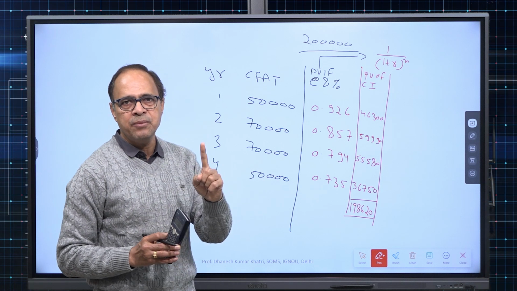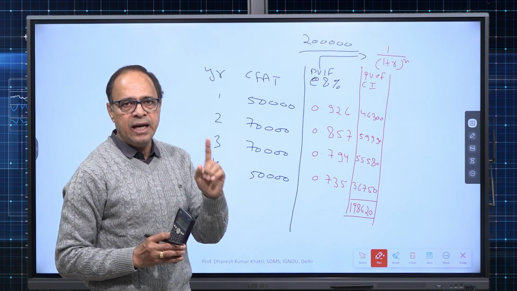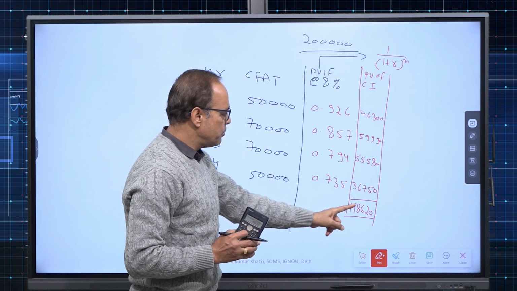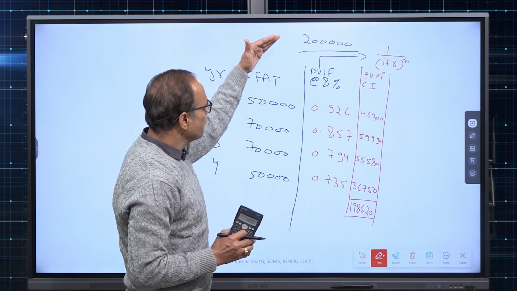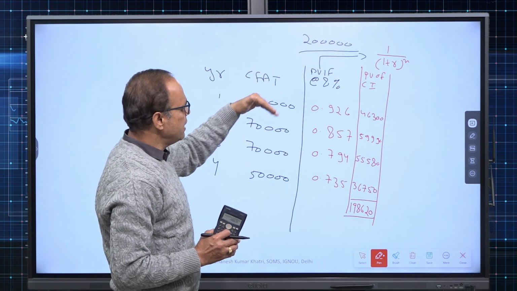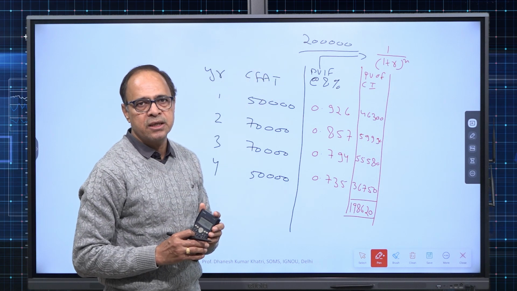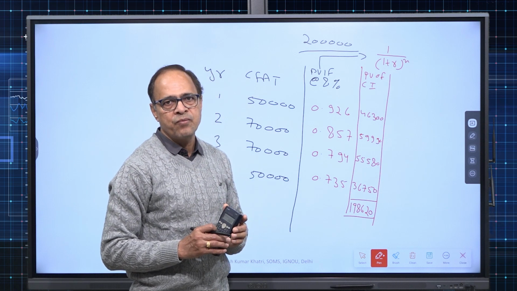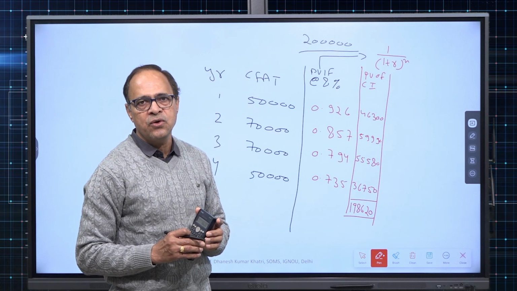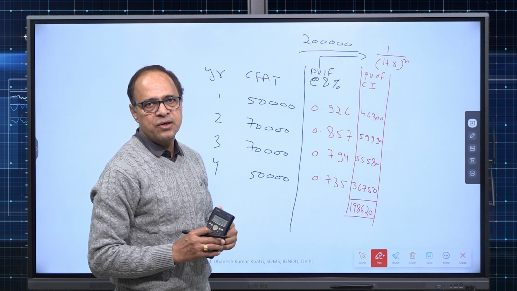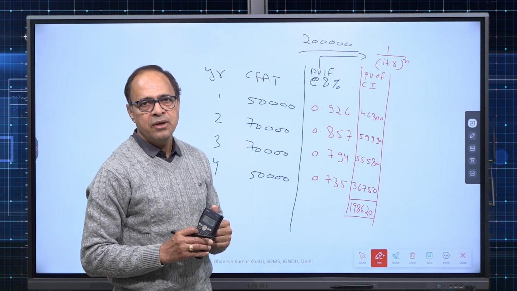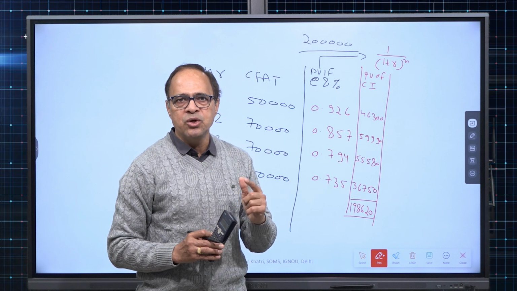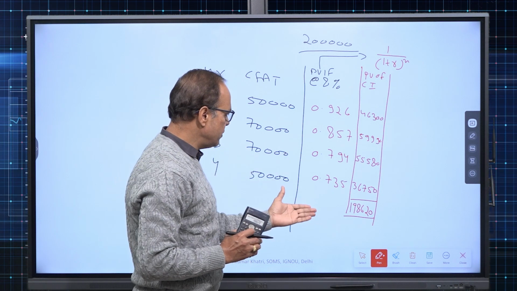And our first attempt or second attempt, whatever it may be, at one rate, sum total of present value of cash inflow should be less than the target, and at another rate it should be more than the target. So, in our first attempt using 8% as discount rate, present value of cash inflow is less than the target, target is 2 lakh. Now, remember, our next attempt should give me present value more than 2 lakh, and very near to 2 lakh.